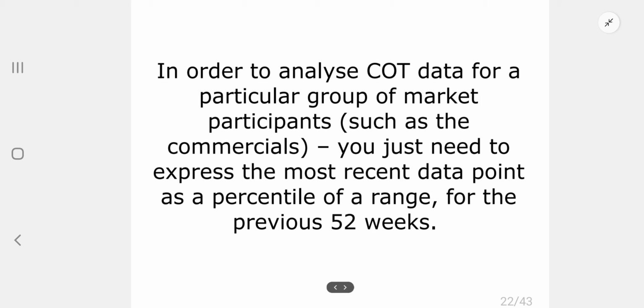In order to analyze COT data for a particular group of market participants, such as the commercials, you just need to express the most recent data point as a percentile of a range for the previous 52 weeks.